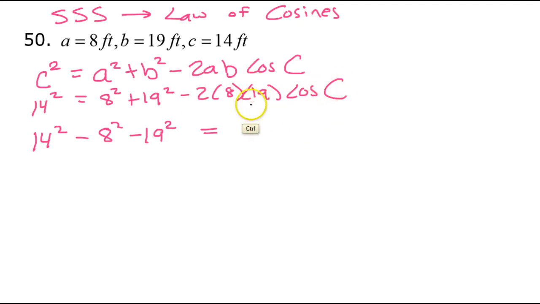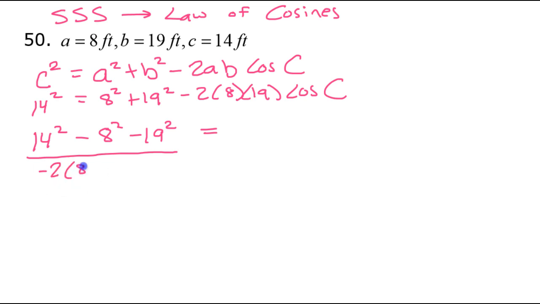I'm going to do a couple more steps at once though. So I subtracted those, so pretend these are gone. Now I would have to divide by negative 2 times 8 times 19 to get cosine C by itself. So I'm just going to go ahead and do that now because this is too complex to keep copying over and over again.